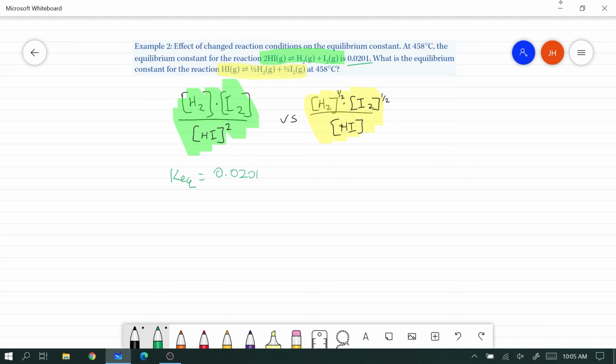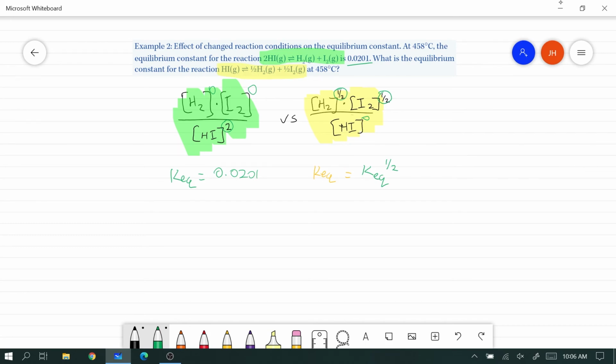If we were to change the coefficients here mathematically, what that means is we would be taking our original Keq for the original reaction and raising it to the power of a half. So what you'll see is that for each of these spots here, in the resultant equilibrium expression, what happens is that the indexes drop by a half.